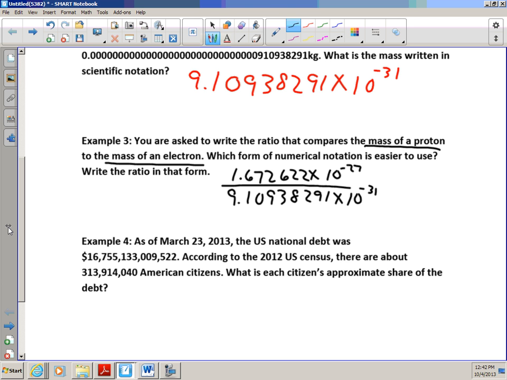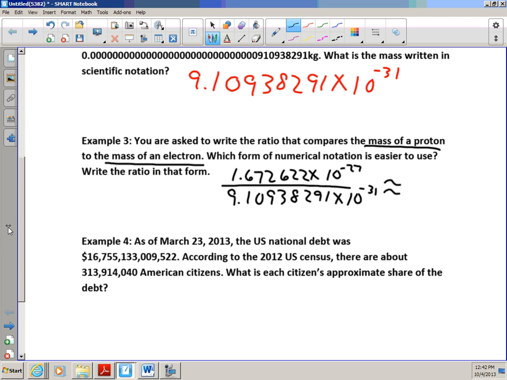Now, it wouldn't be very helpful if we're going to try to divide these relatively small numbers that have a lot of decimals. So what we're going to do here is round.